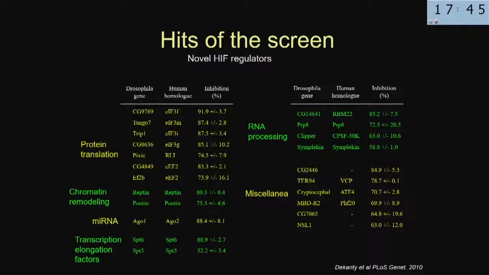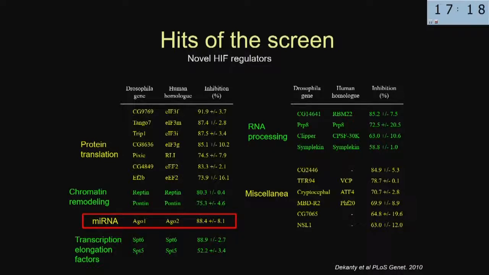Among these hits, we got a little bit of everything, including genes controlling protein translation, chromatin remodeling, microRNA biology, transcription, RNA processing, and miscellanea. The rest of the talk will be focused on the microRNA machinery.